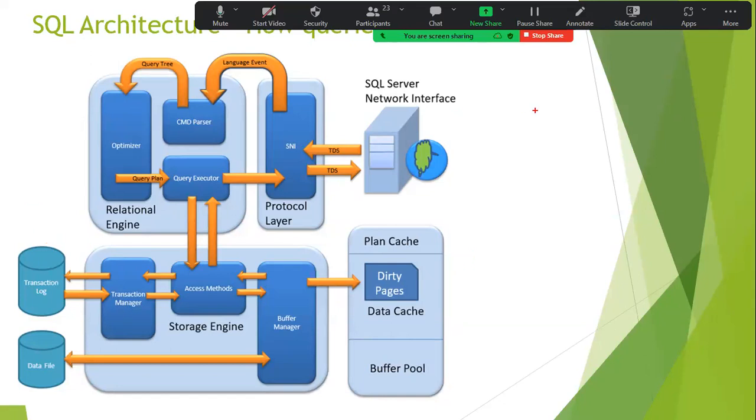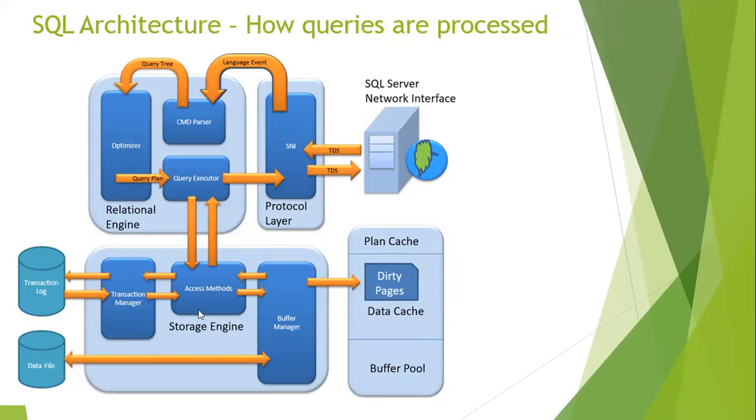Is it clear? Yeah, I have a question. If begin tran is issued and the commit command has not been issued, that transaction will still be on the transaction log, right? When there's a begin tran, there's supposed to be a commit, right?